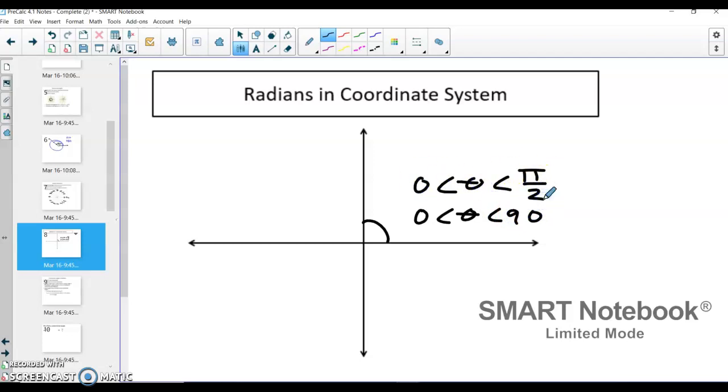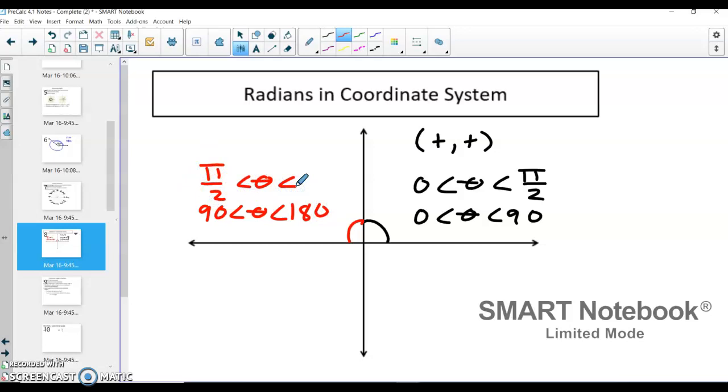Pi over 2 is the same thing as 90, and that's where we're going to have positive, positive.